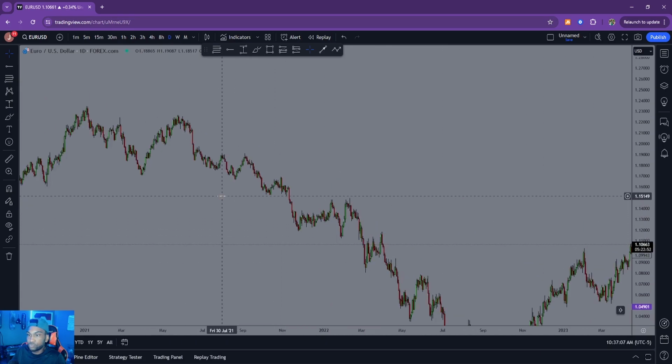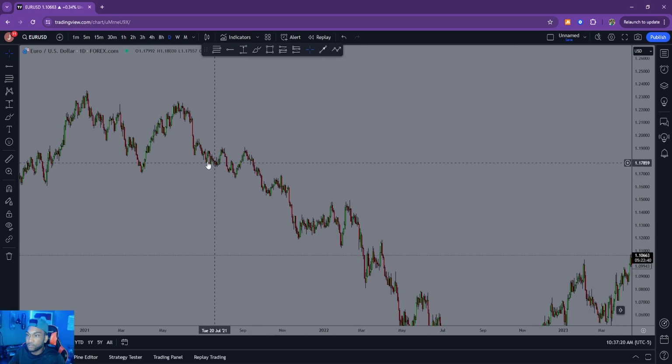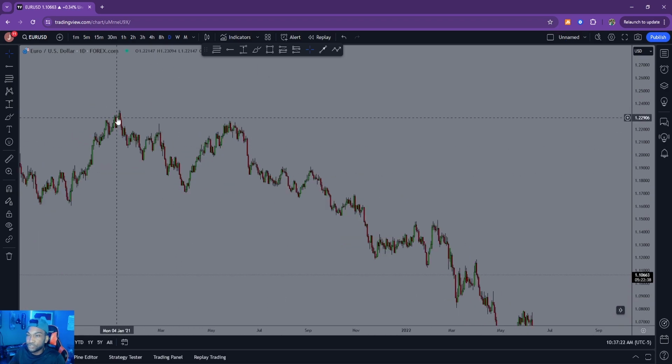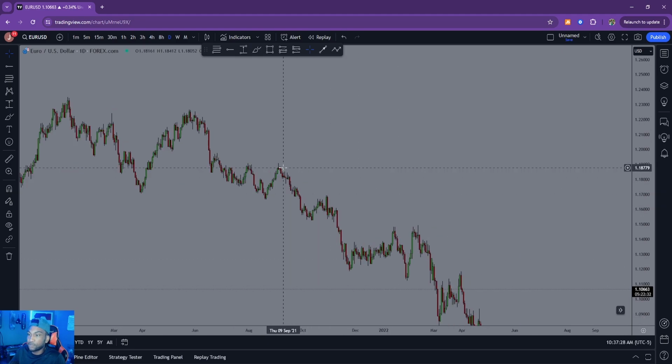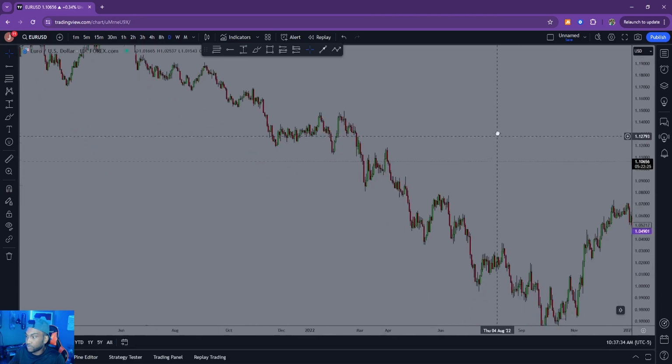Just like the inverse head and shoulders at support areas, where times of reversal are prominent and more likely to happen, once you get to these previous highs, you can start thinking you'll see some reversal candlesticks and reversal patterns going on.